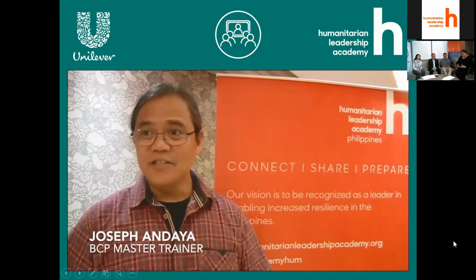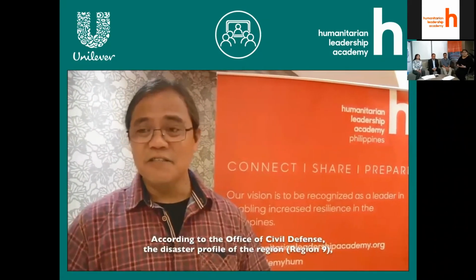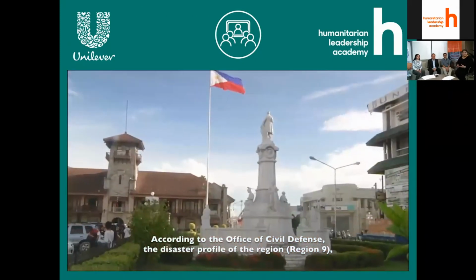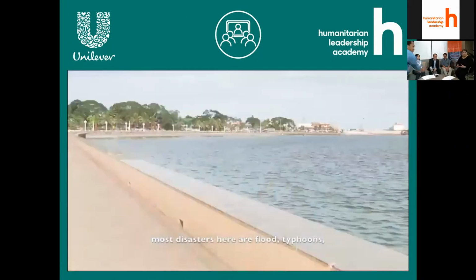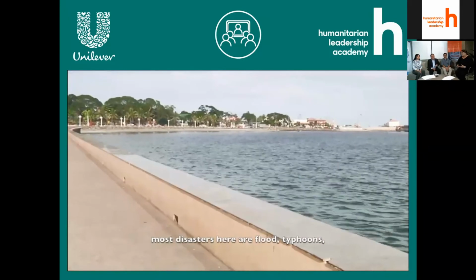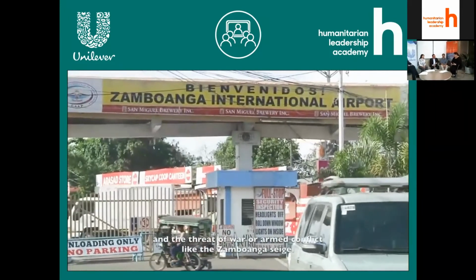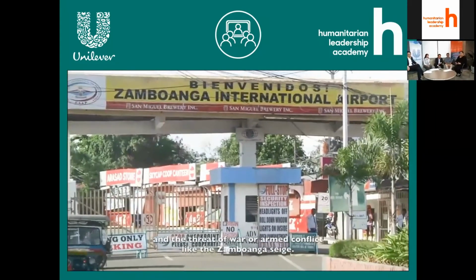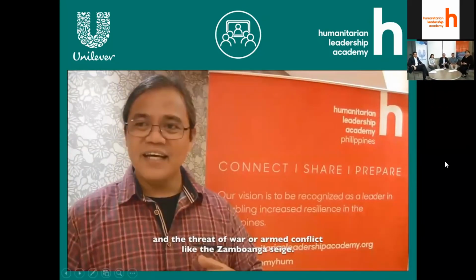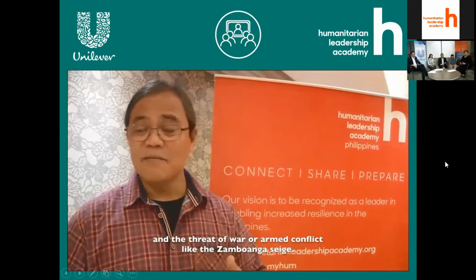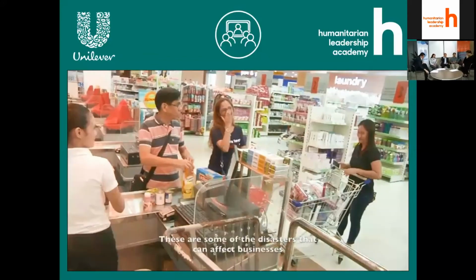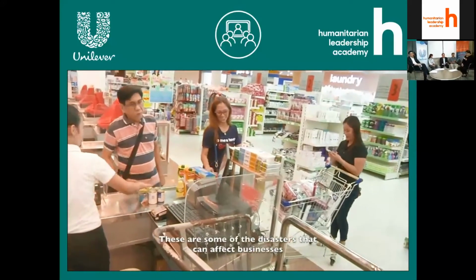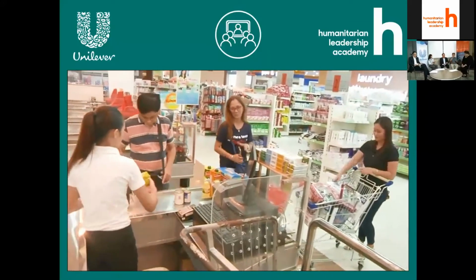Disaster profile ng region na linahad kanina ng Office of Civil Defense ng Zamboanga. Karamihan sa mga disasters dito ay una flood, typhoons, and yung threat ng giyera kagaya ng Zamboanga siege. Kasali ito sa mga sakuna na pwedeng makaapekto sa businesses.